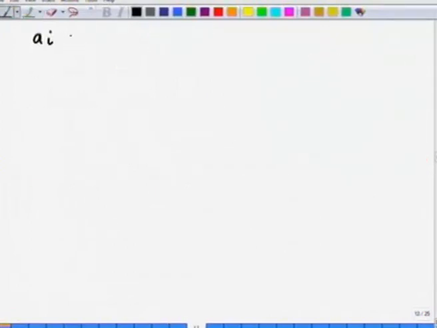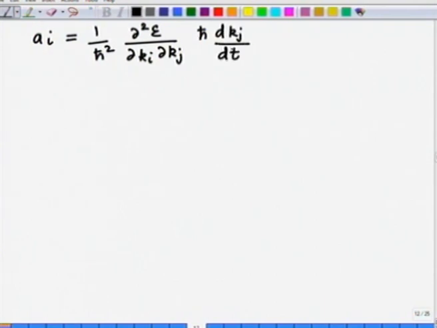So, acceleration is equal to 1 over h square del square E del k_i del k_j, and I will write h bar of course dk_j by dt, which is what it was.